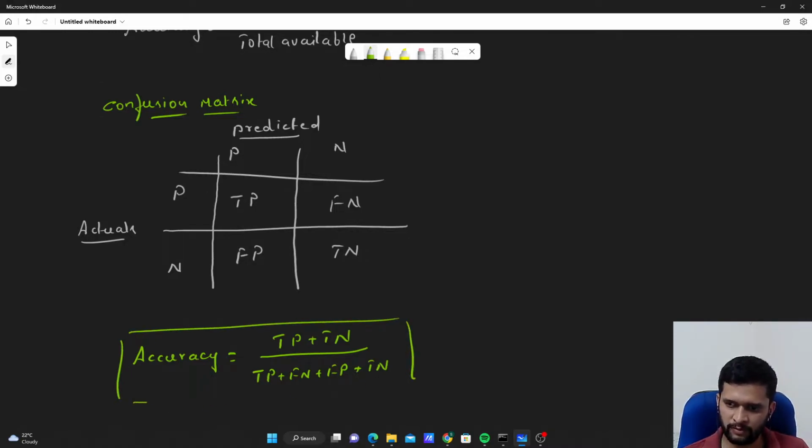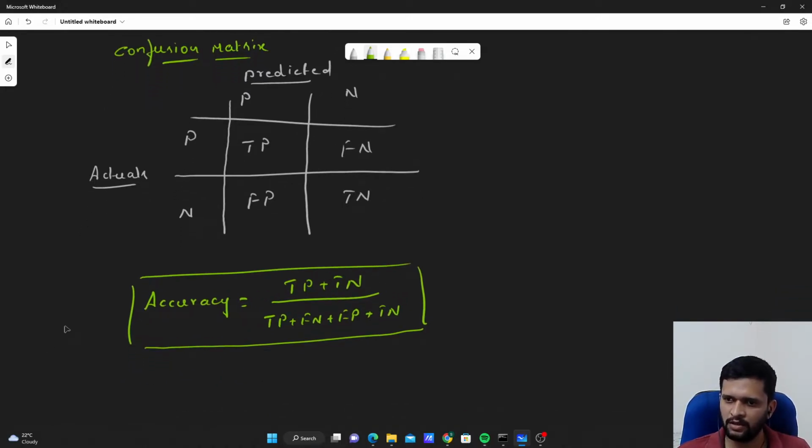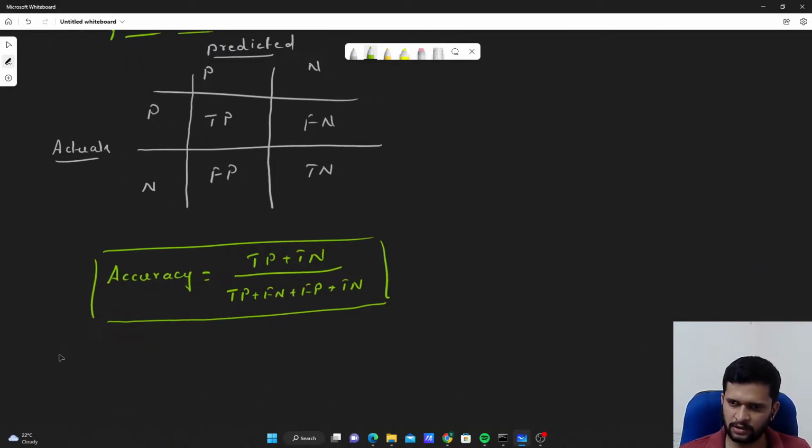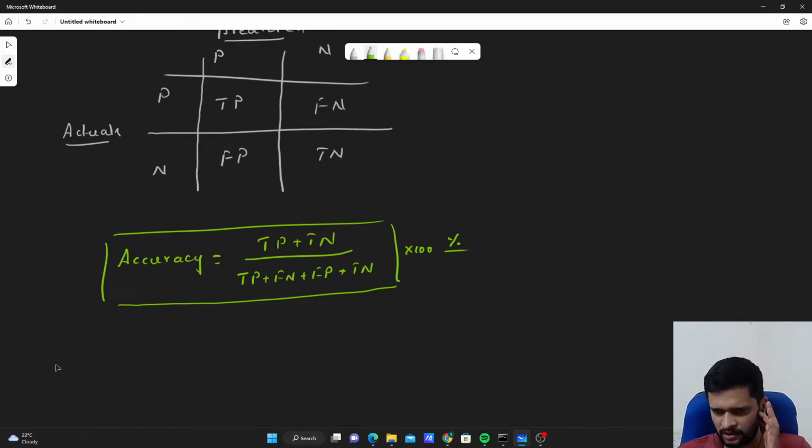So this is how we measure the accuracy of any given classification machine learning model. So this is about accuracy. This is always expressed in terms of percentage, so in the end, you can multiply by 100 so that you can express it in percentages. Higher the accuracy, the better the model performance. So it's a general assumption.